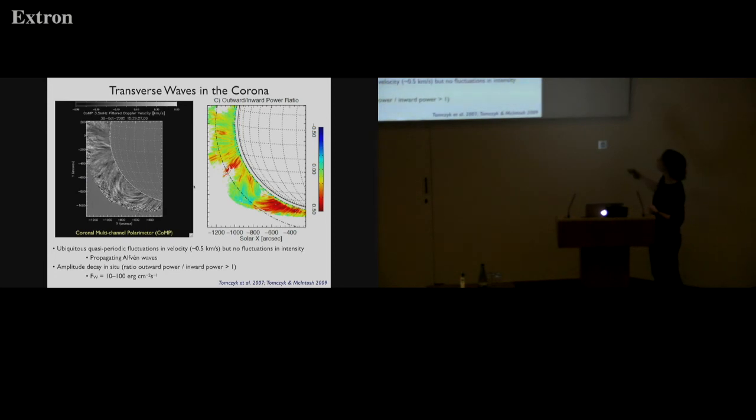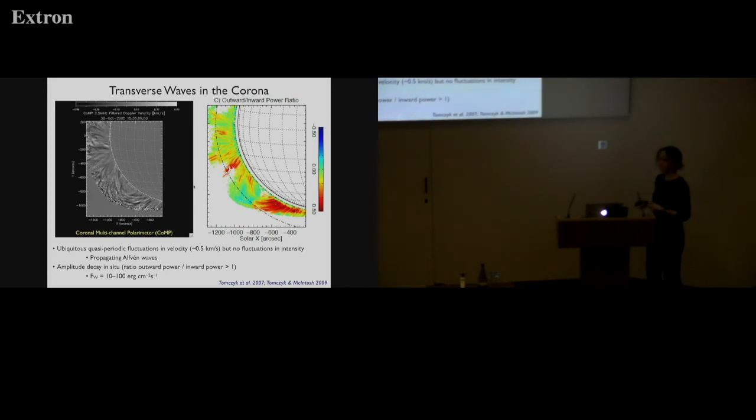So what you can see, remember this was our loop system, is that essentially you've got upward propagating wave power on both sides. So what we're not seeing is the waves coming up and going down on the other side. And what they concluded from this is that there must be substantial damping of the wave power as the waves go along the loop.